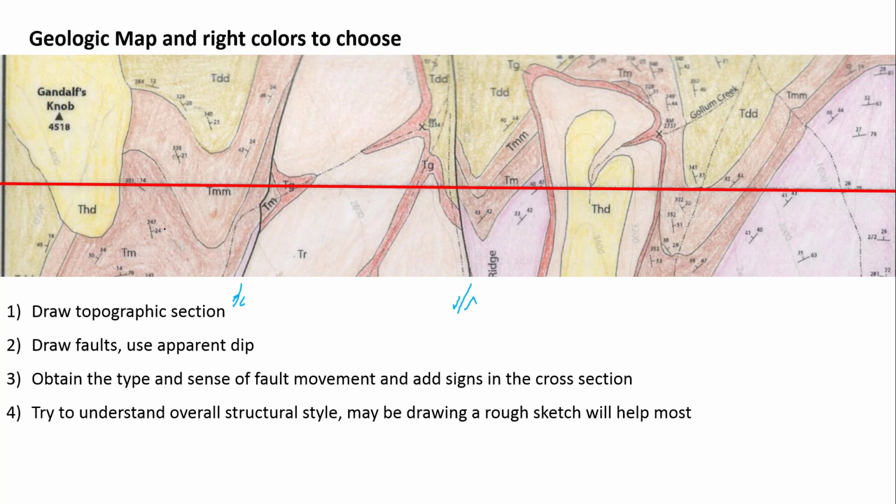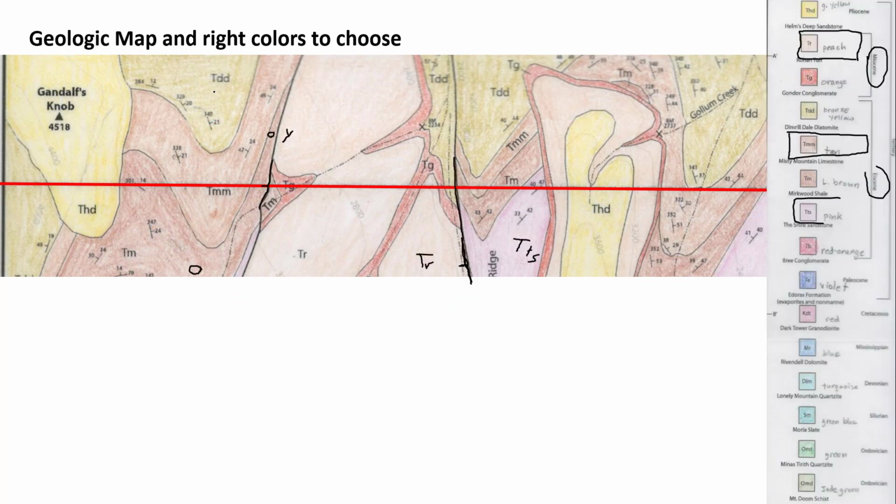What kind of structure do you see here? This is TM, this is TMM, and this is TDD, right? If you are moving from here to there, you are moving from TM to TDD. So what kind of age relationship do we have? TM is here, and then you have TMM. The second is this.